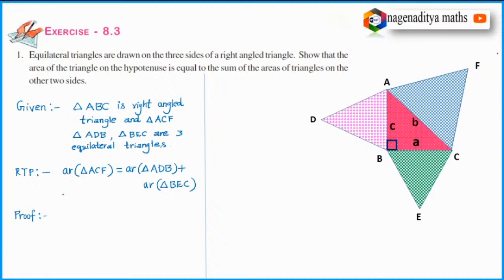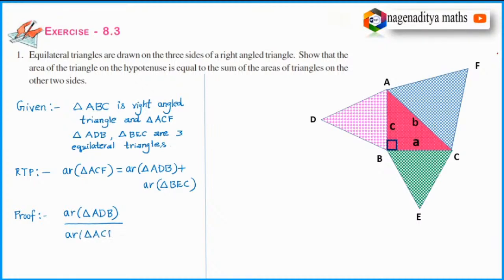Now I am going to take area of triangle ADB by area of triangle ACF.